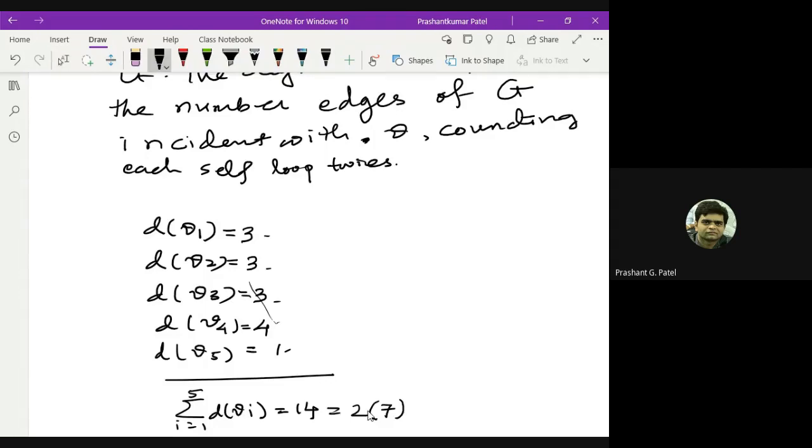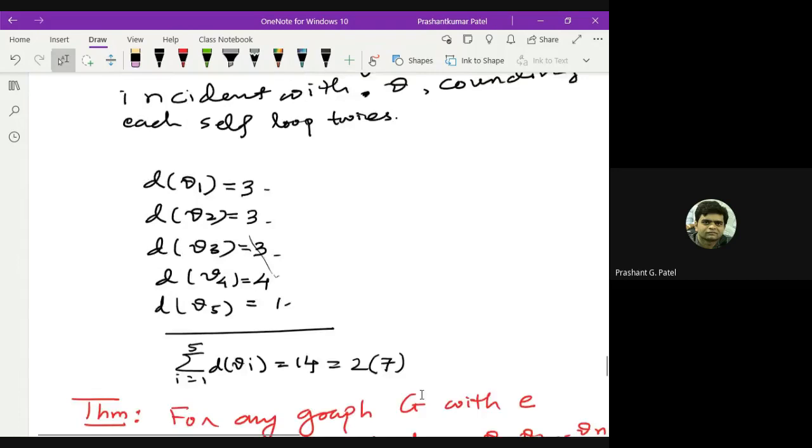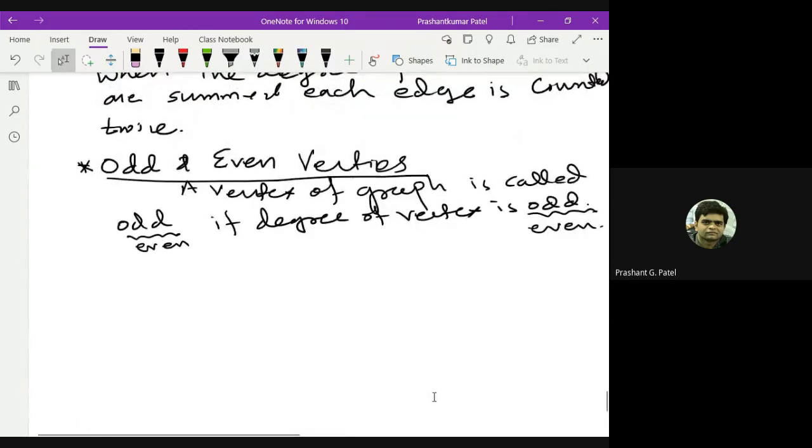Here in this graph, what we have observed is there are 1, 2, 3, 4 odd vertices. Let me give you one more example of a graph. The objective is to calculate; you can plot any graph, whatever you wish. Let me plot in this manner.